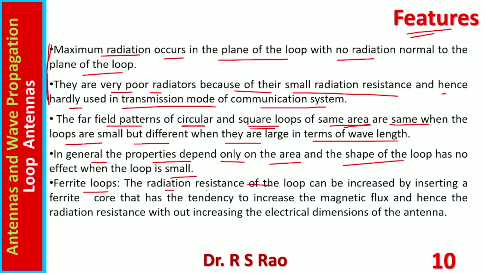Ferrite loops: the radiation resistance of the loop can be increased by inserting a ferrite core that has a tendency to increase magnetic flux, and hence radiation resistance becomes more without increasing the electrical dimensions of the antenna. In the second point in the slide, it has been said that they are very poor radiators. How to enhance their radiation capability? One technique that is used in practice is inserting a ferrite core into the loop.